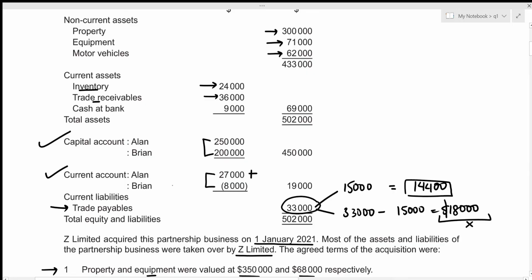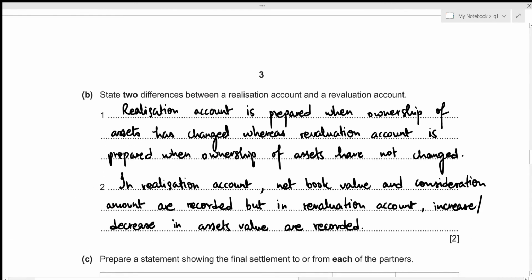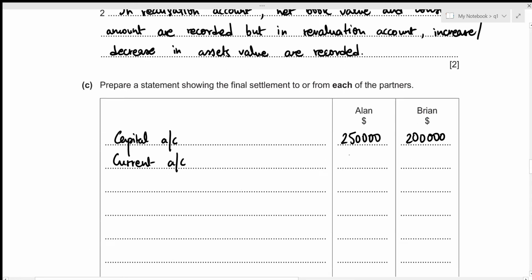But Brian has the amount of 8,000 in brackets, which resembles a negative value, and it means that Brian needs to pay back 8,000 to the partnership. So this amount will decrease his capital account balance, right? So we need to add 27,000 for Alan and subtract 8,000 for Brian. Let's do that. So that's positive 27,000 for Alan and negative 8,000 for Brian.